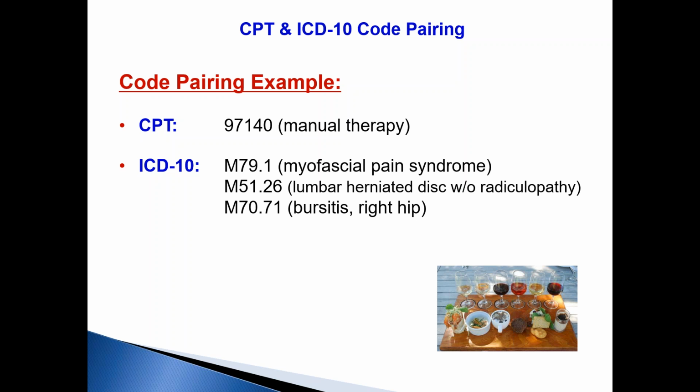There's a few terms. So if you're going to use manual therapy and the patient has myofascial pain syndrome, there's a nice pairing. Patient has a lumbar herniated disc without radiculopathy, M51.26, or bursitis of the right hip, M70.71, pairs beautifully with 97140.